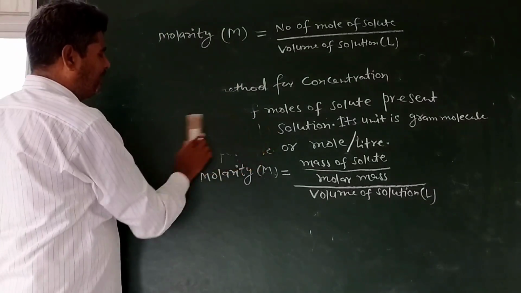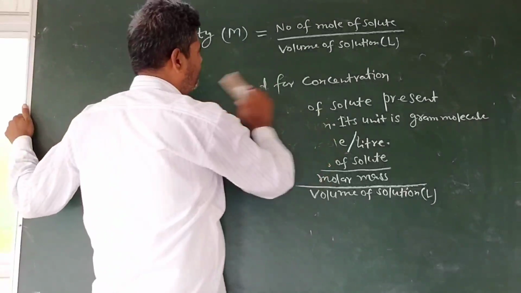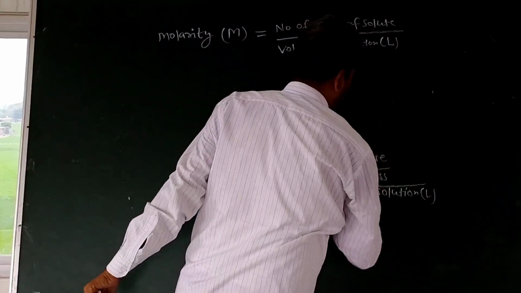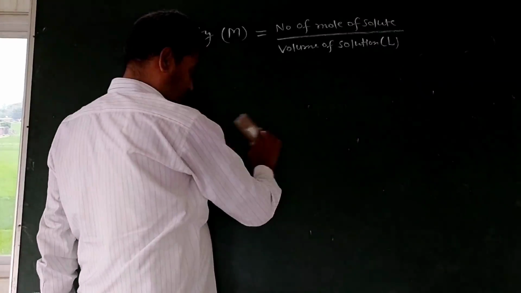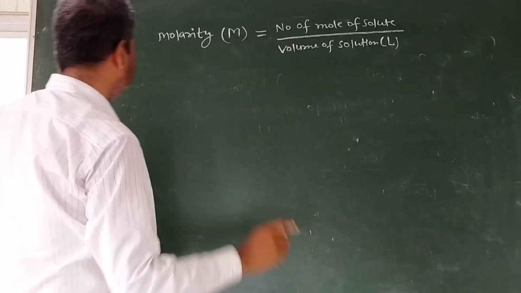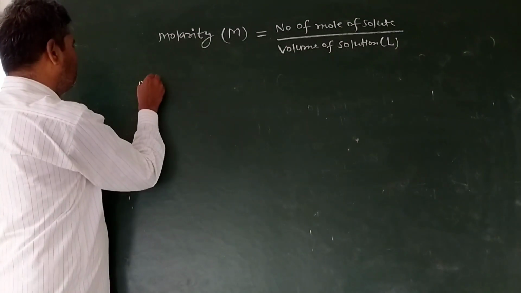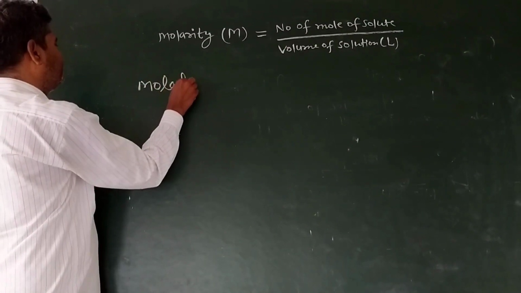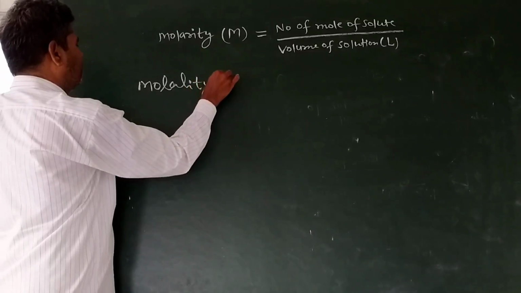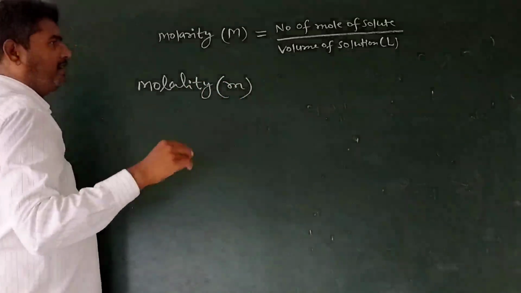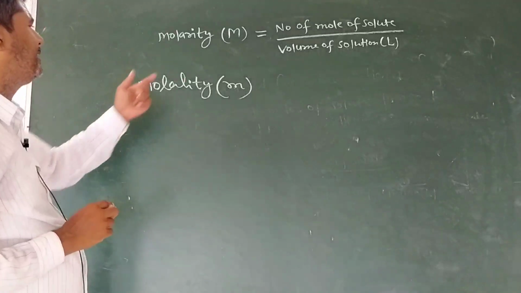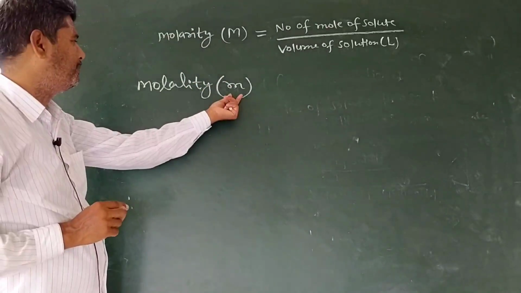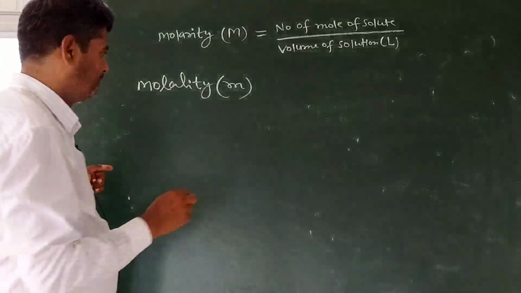Again, molality. Symbol small m. Capital M is for molarity and small m is the symbol for molality.